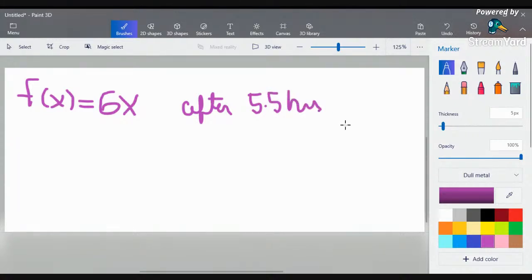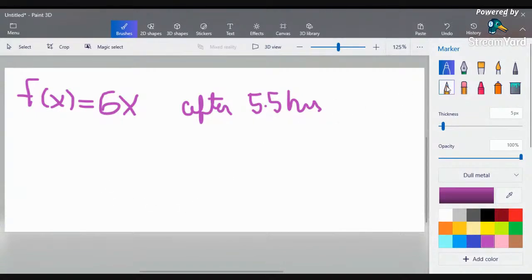Take note that it states that you have to use the graph to estimate how many miles. And it's asking how many hours will the nearest town be reached by the lava flow when it is 10 miles away from the volcano.